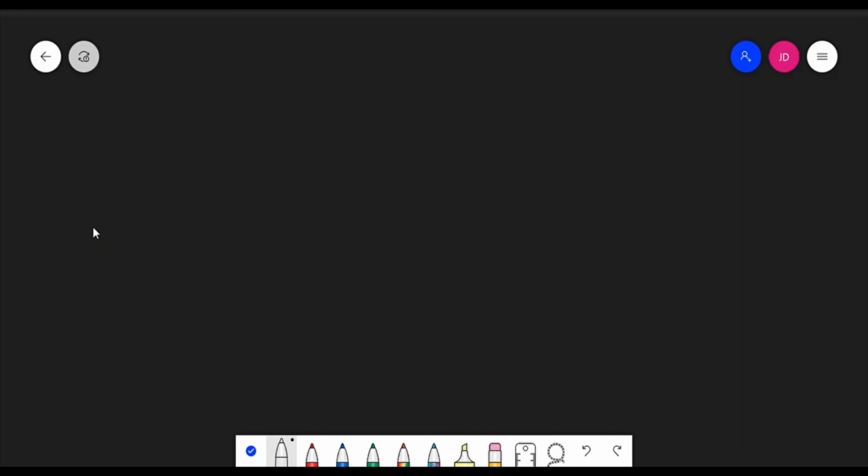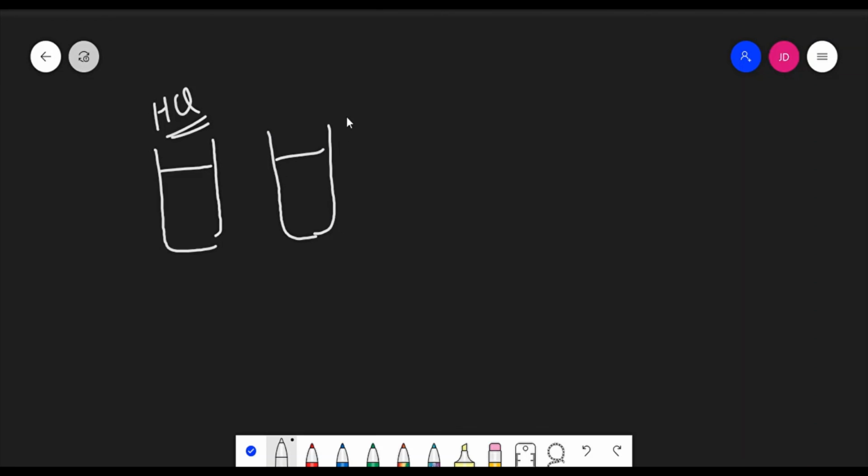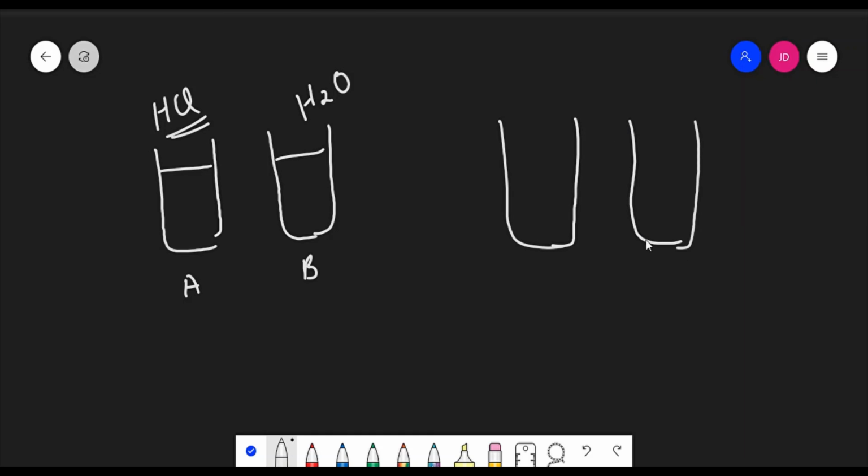So here we have two options. Let us say I have a test tube containing very strong concentrated acid, and a test tube containing water. I want to mix these two together, test tube A and test tube B, so that it becomes dilute. So this is my H2O, this is my HCl.